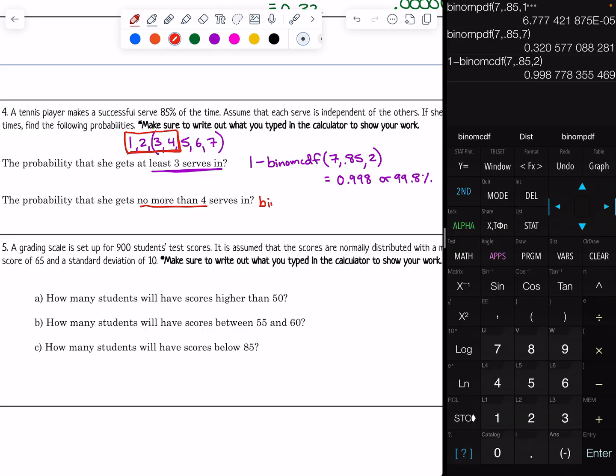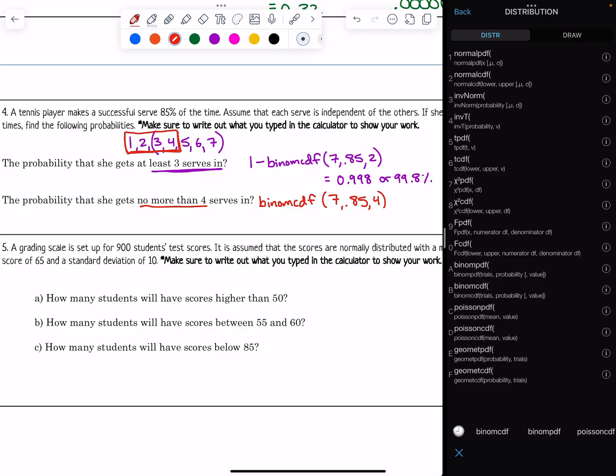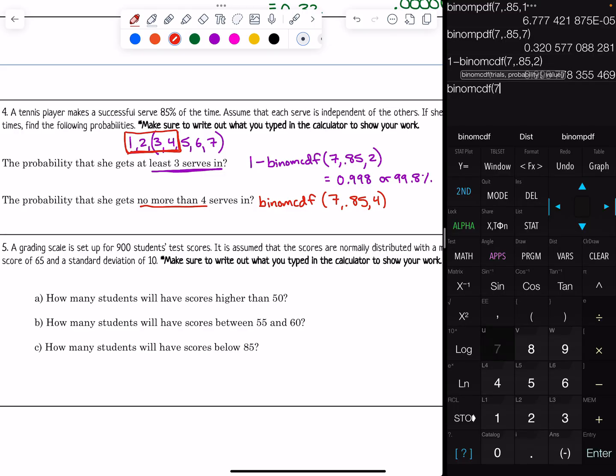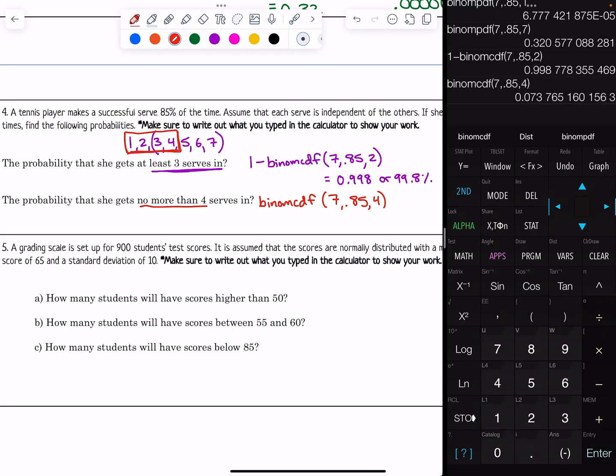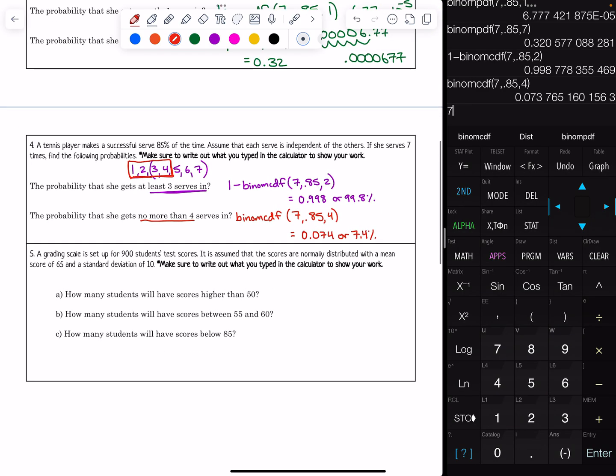We could just do binom CDF, and then 7, 0.85, and 4 would be the last number because you want to include it. So second vars binom CDF, 7, comma, 0.85, comma, 4. And we get 0.074, or you could say that's 7.4%. Okay, so that's it for number 4.